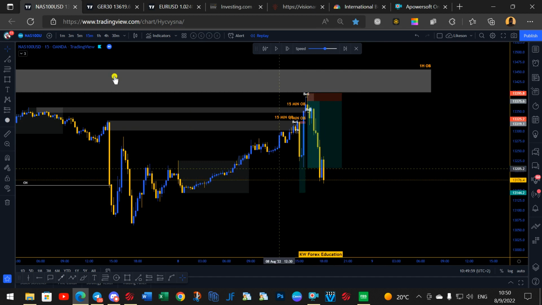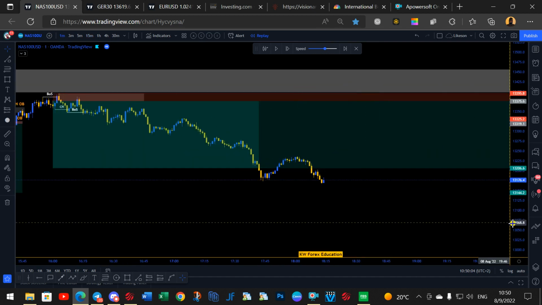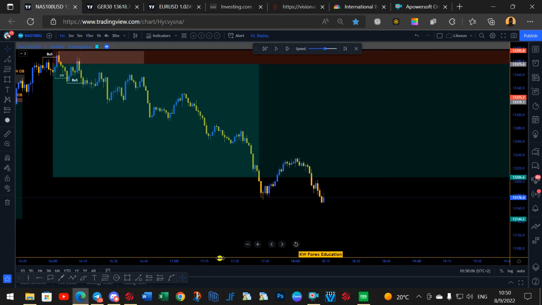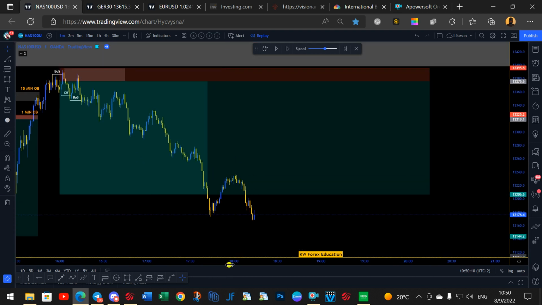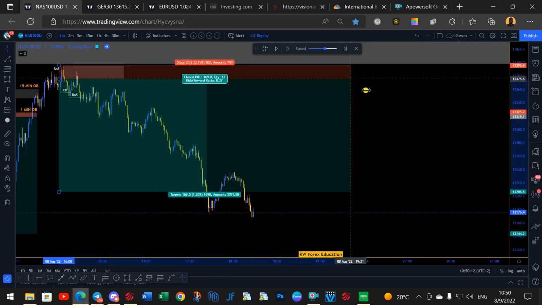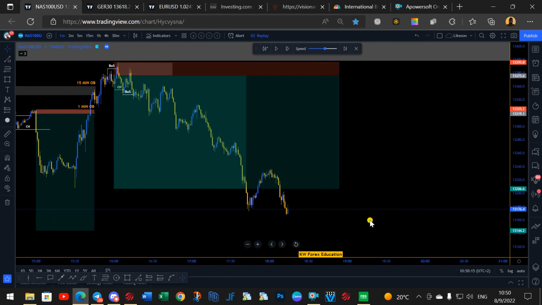Also, what I would advise is that sometimes when you reach your target like that, instead of closing your trade, you can go back on 1 minute. When you go back on 1 minute, you start studying how your trade is moving, to see how much you can capitalize on it, right?